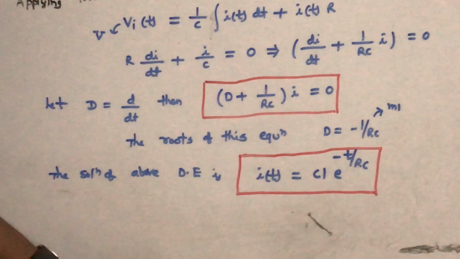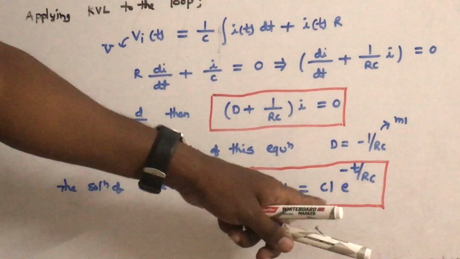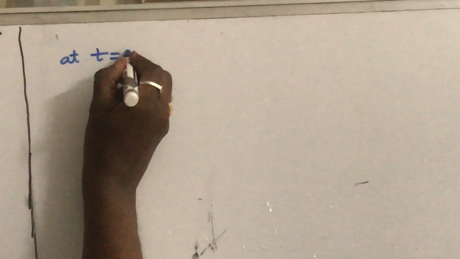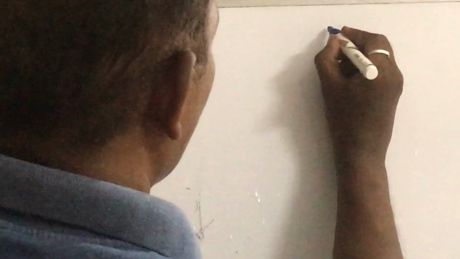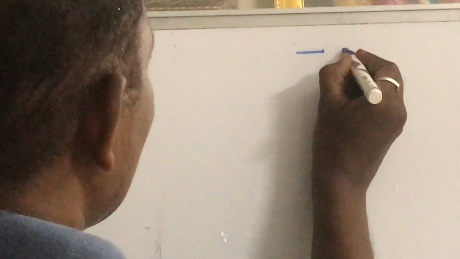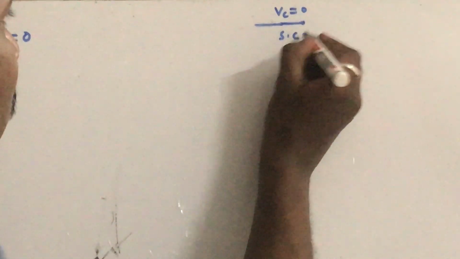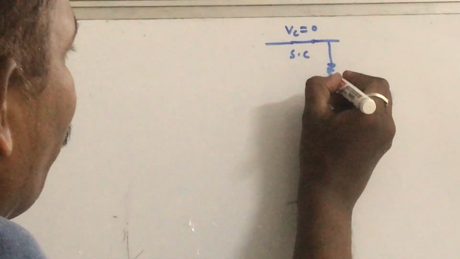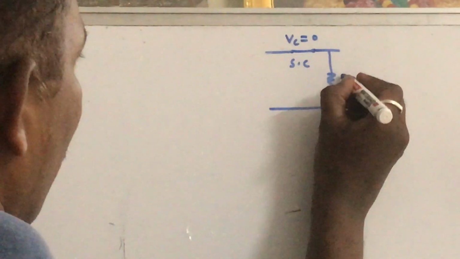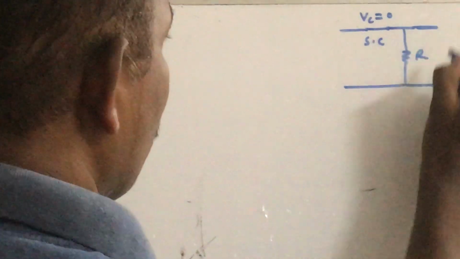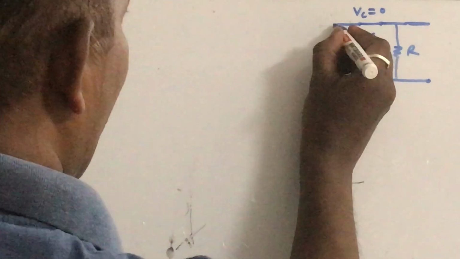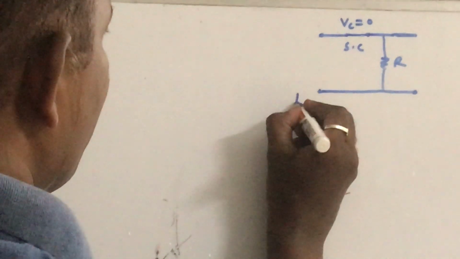Let us find this constant C1 from the initial conditions of the circuit. At t is equal to 0, let us interpret the circuit. What is the voltage across the capacitor? It is 0, which means the capacitor acts as a short circuit, so only the resistor R remains.